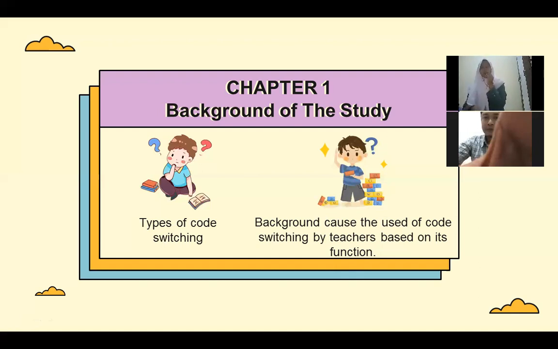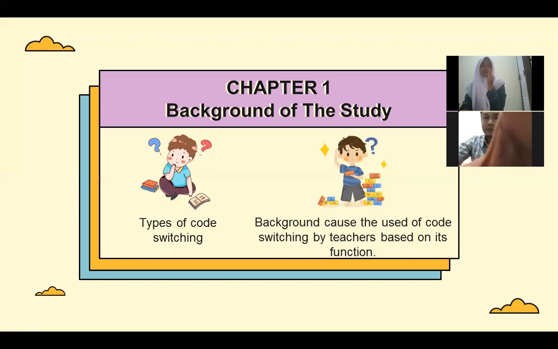And some studies have explored teachers' code switching in FL classroom. One of them, from 2018, clarified the types and functions of code switching carried out by teachers in a network classroom.